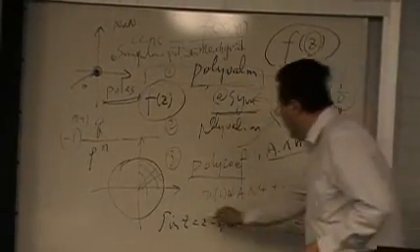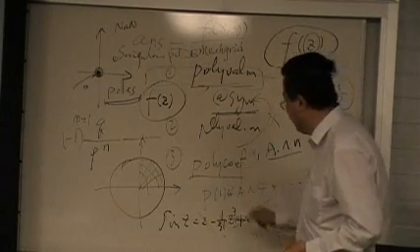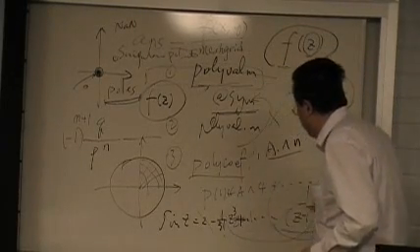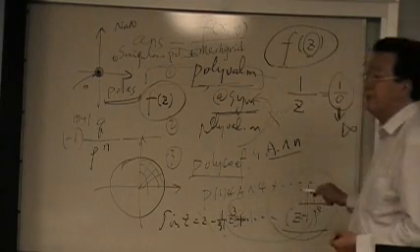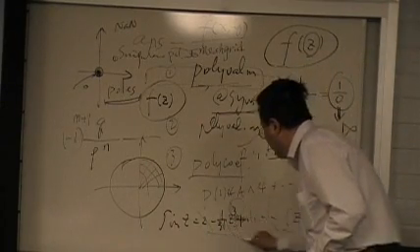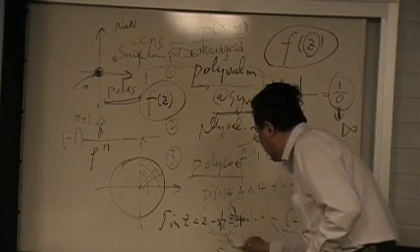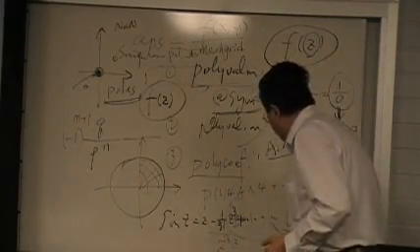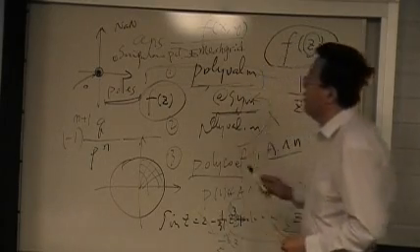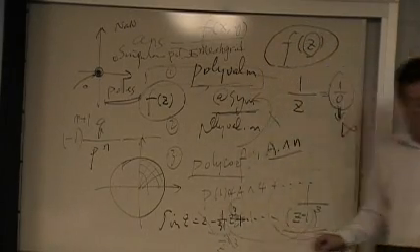And you can cancel this term with minus z, and they leave the rest of the polynomial with z cube. We can cancel that one with z to the power of 6. So the actual multiplicity of the pole is a triple pole.